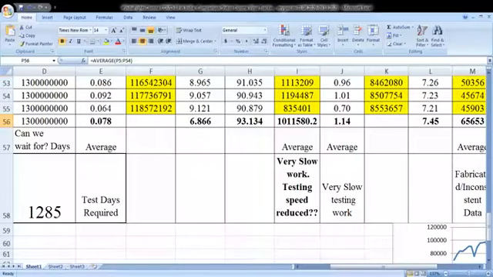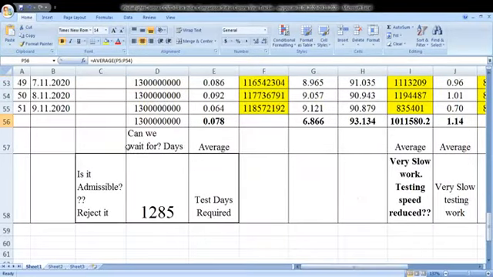So this is the average column, and my question is: can we wait for days, this is the number of days, can we wait for 1285 days? Is it admissible or do you have to reject it? You have to decide. I'm just giving you my submission, what I understand from the matrix.